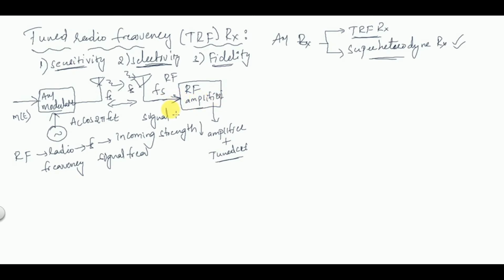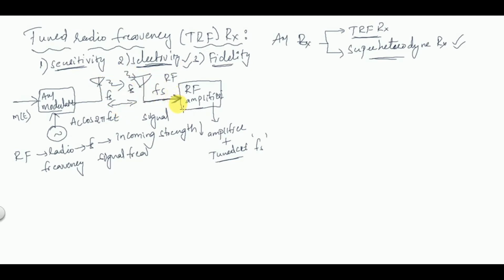Therefore at the first stage only you have to reject all the unwanted signal frequencies, and for that we need a tuned circuit. So the RF amplifier stage consists of an amplifier and a tuned circuit, which is tuned to the incoming signal frequency Fs. Only the incoming signal frequency is accepted by this tuned circuit, and all the other frequencies are rejected due to the property of selectivity.